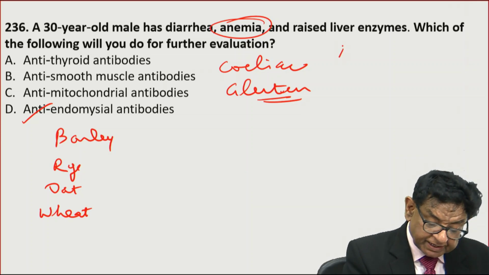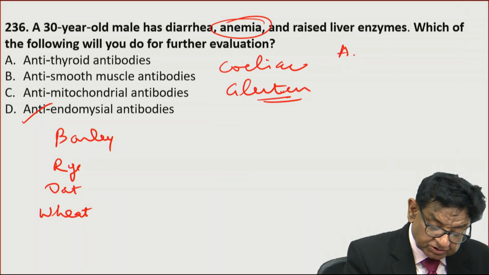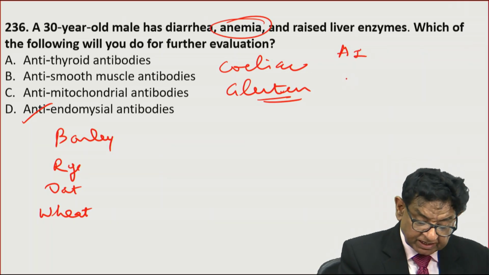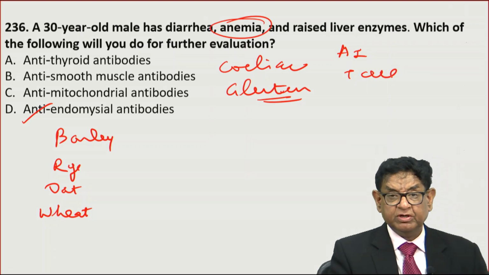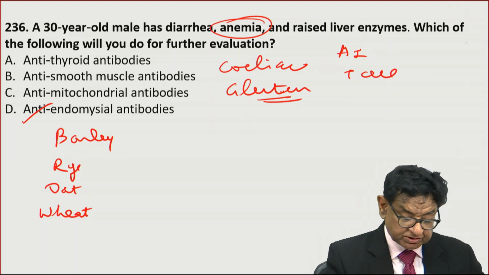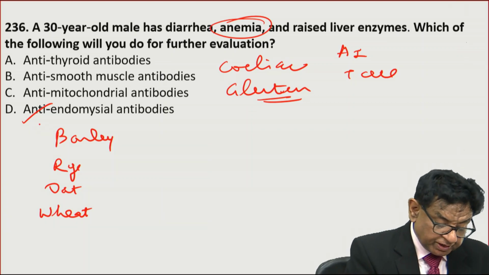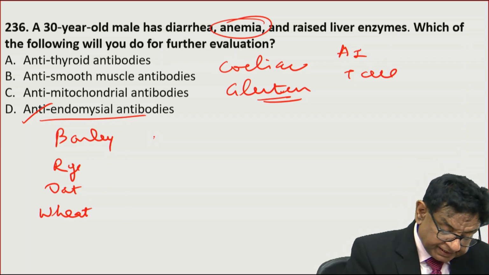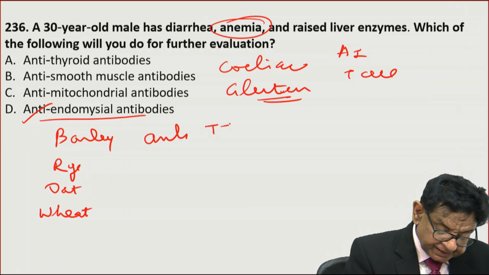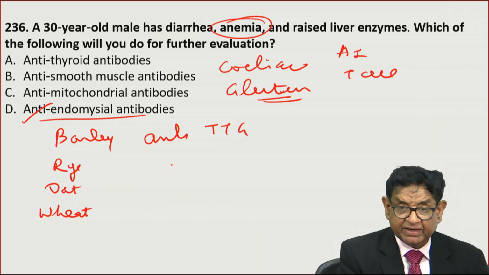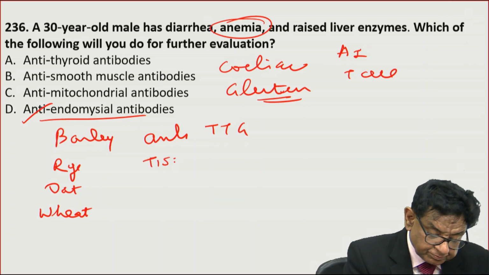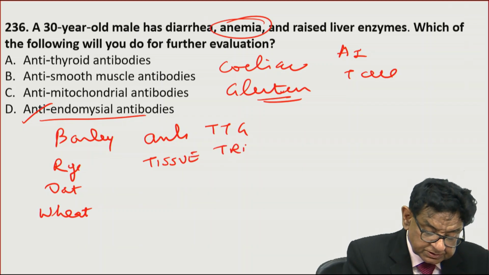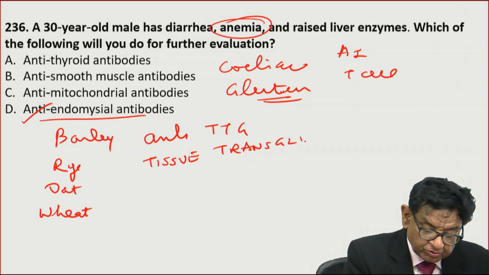And remember, celiac disease is an autoimmune disorder. What a special thing, it's a T-cell autoimmune disease. Normally, most of the autoimmune diseases are B-cell, but this is a T-cell autoimmune disorder. In this case, the best screening test is anti-endomysial antibody or anti-TTG antibodies. TTG stands for anti-tissue transglutaminase antibodies.